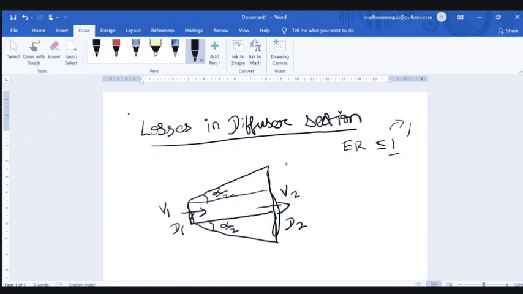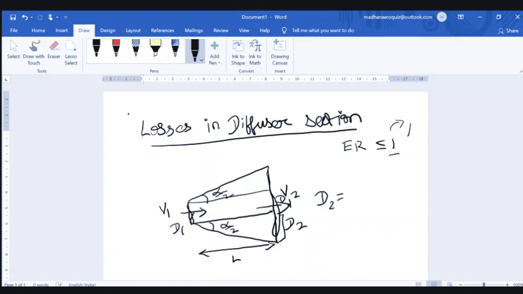And then if we want to consider this d2, what will be our final d2? It will be compensated with d1. Since the two lines are parallel, we have d1 in this case, and then we have the remaining portion. We have to find out what this length is, that is, the length of the diffuser.